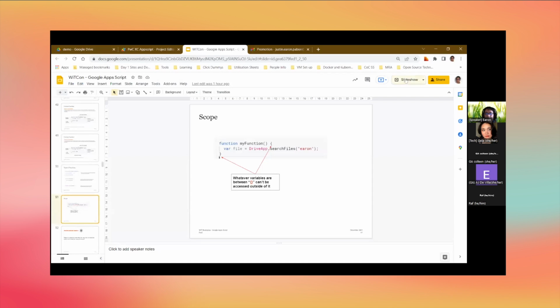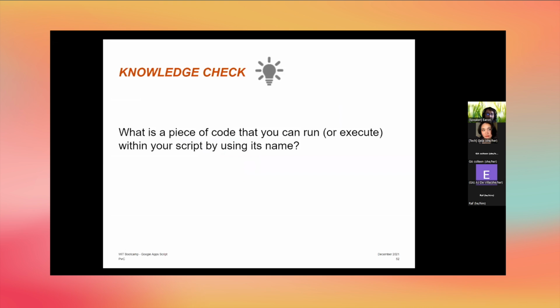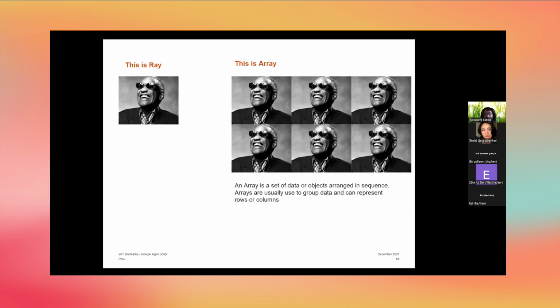Okay, now what I want to discuss is a concept where, of course, you don't always just want to send one attachment, and you don't always want to send it to just one person. So there is a concept called arrays. An array is a set of data or objects arranged in a sequence.